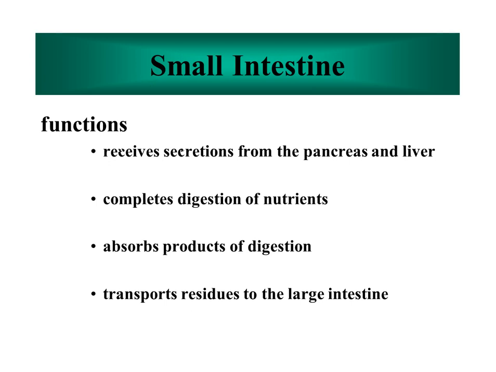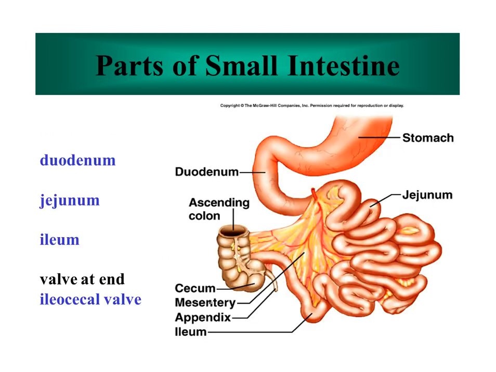The small intestine receives secretions from the pancreas and the liver, and here you have the completion of the digestion of the nutrients. It absorbs the products of digestion. It transports the residues to the large intestine. Okay, the duodenum, we already talked about the duodenum, is this sort of C shape coming off the stomach.